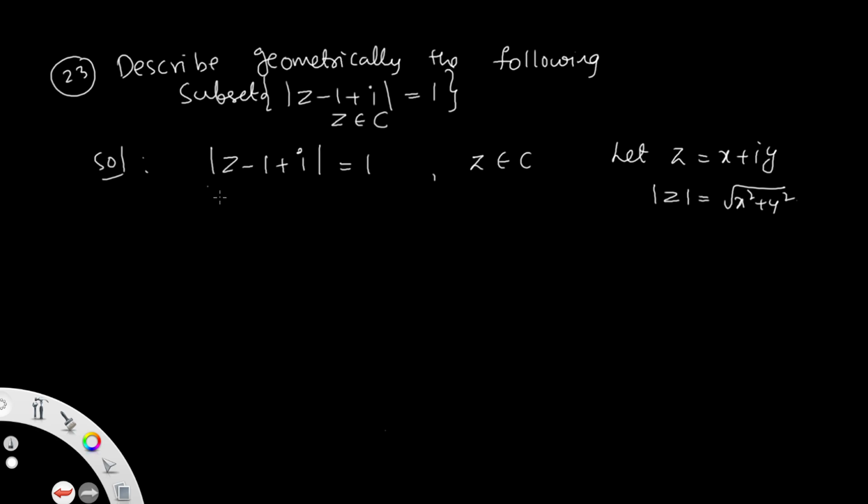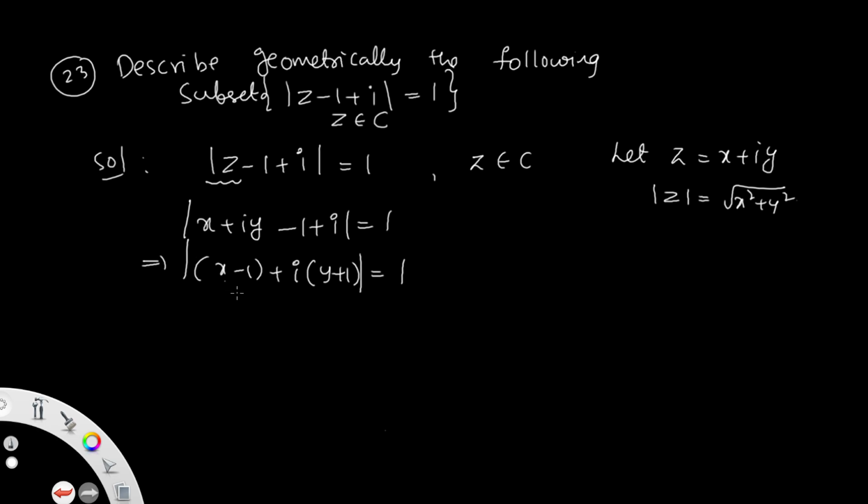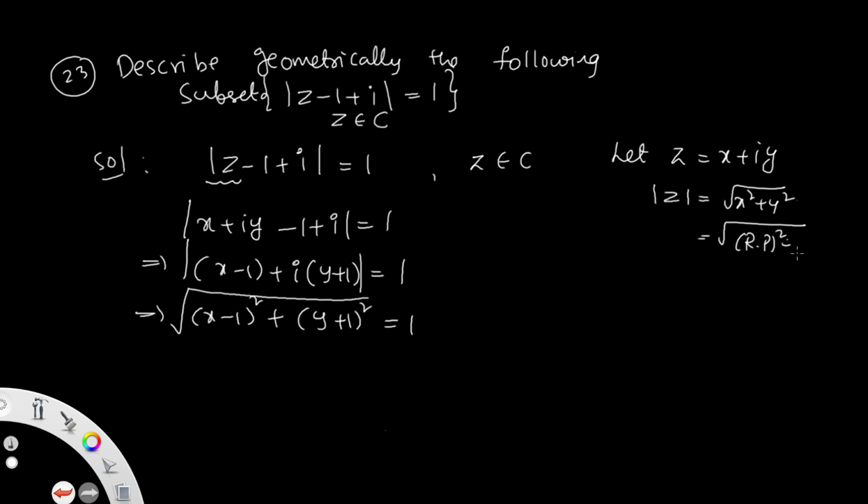Now substituting z equal to x plus iy, we get the modulus of x plus iy minus 1 plus i equal to 1. Taking the real part and imaginary part separately, (x minus 1) plus i(y plus 1), modulus equal to 1. Modulus means the square root of real part square plus imaginary part square.